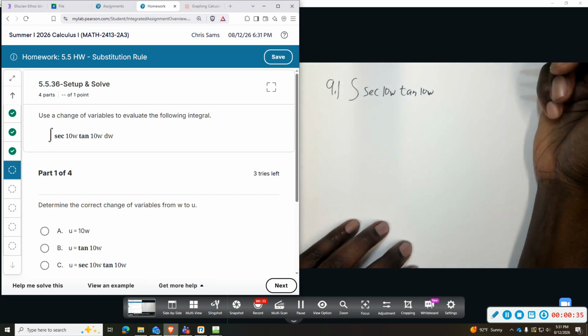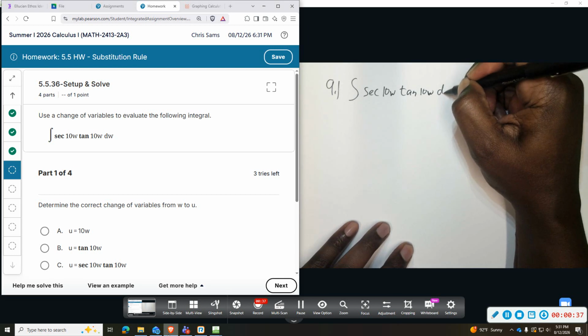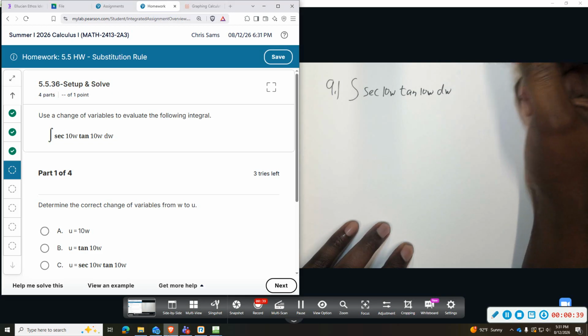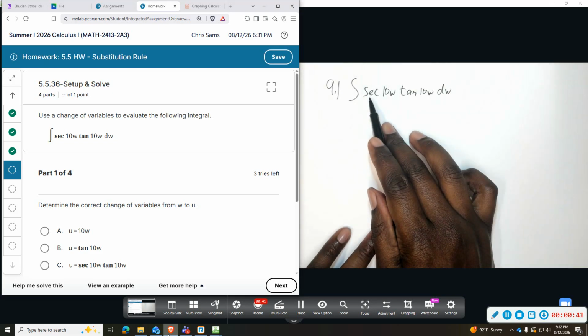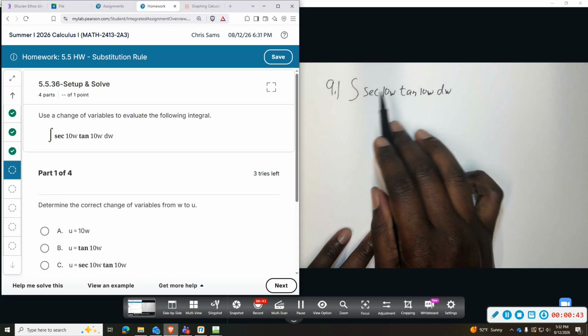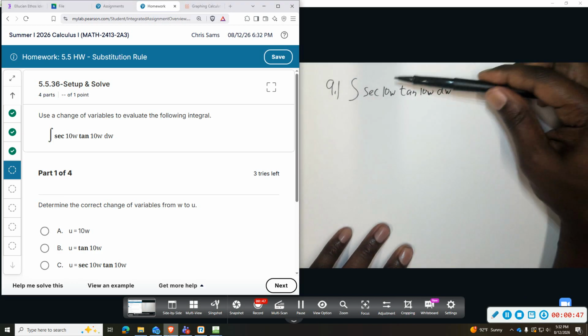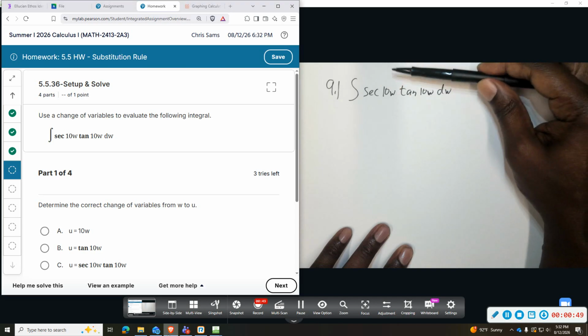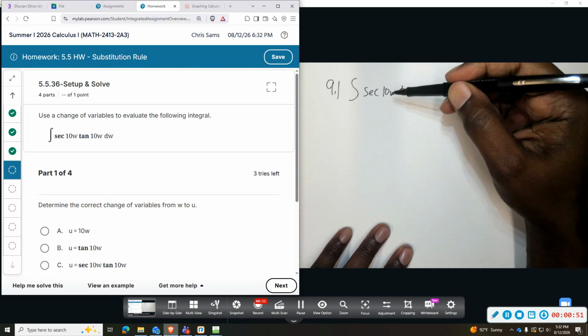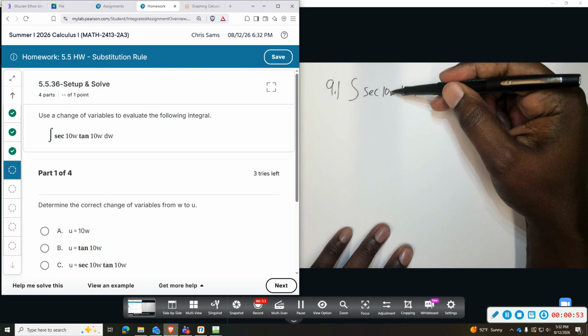And so this is a problem in terms of w. I do recognize that the secant times tan comes from a derivative of, I want to say secant or secant squared, so this is one that's familiar. So we're going to let u equal the inside, the 10w.